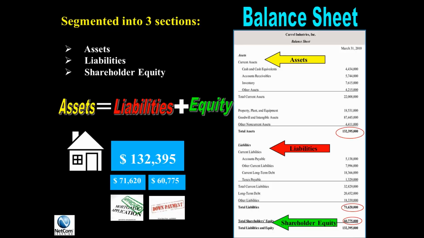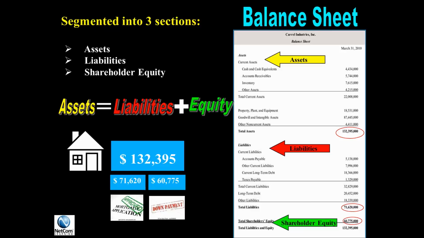And here, if you look at the right of the slide, we're looking at an actual balance sheet. And you can see from the items that we circled, the house is worth $132,395. Again, house, we mean the total value of the assets on the balance sheet.